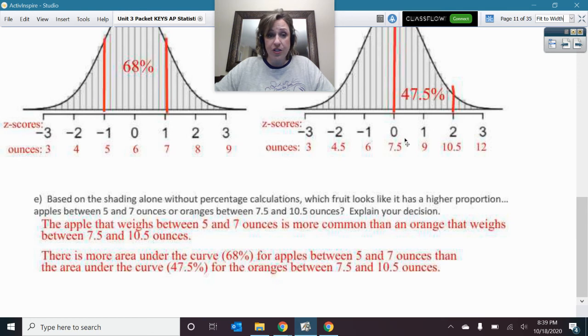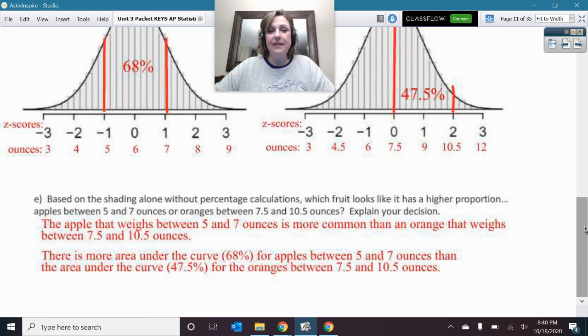And the orange, that is between 7.5 and 10.5, is not as frequent. It's only 47.5% of the oranges that are in that weight range from 7.5 to 10.5. Okay. More area under the curve, 68% for the apples in that area versus the 47.5% for the oranges.